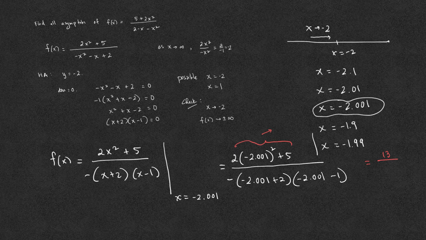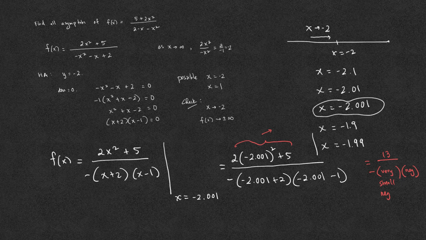In the denominator, we have a negative sign, and then -2.001 plus 2 is a very small negative number. -2.001 plus 2 is almost 0, but negative. And then times -2.001 minus 1 is still a negative number. And so we have a negative sign times a very small, close to 0 negative number, times a negative.